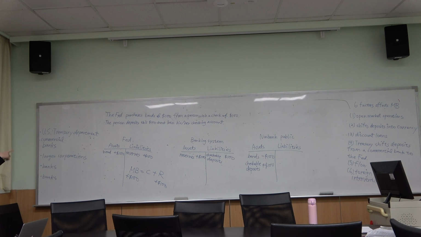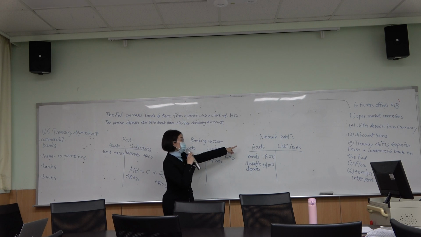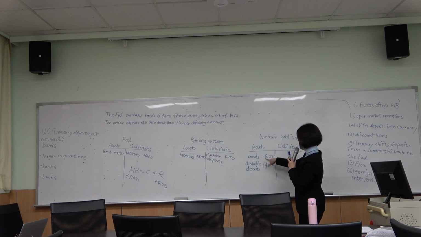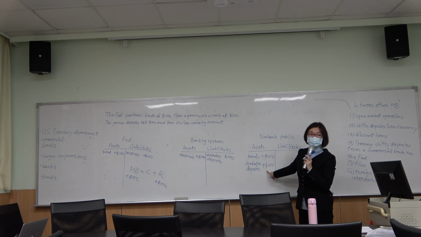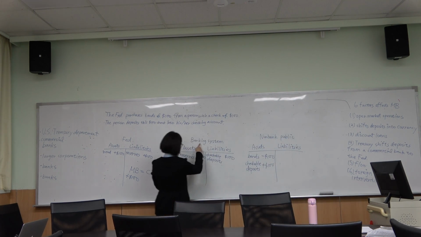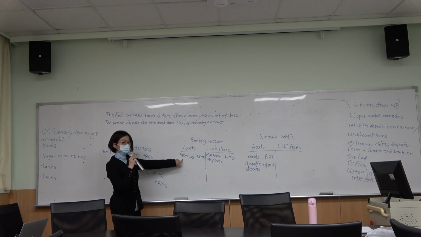Yes, in that case, what you are saying is that the Fed conducts an open market sale. In that case, the non-bank public will have $100 more in bonds. However, it has a reduction of $100 in checkable deposits. Then the bank has a reduction of $100 in reserves.